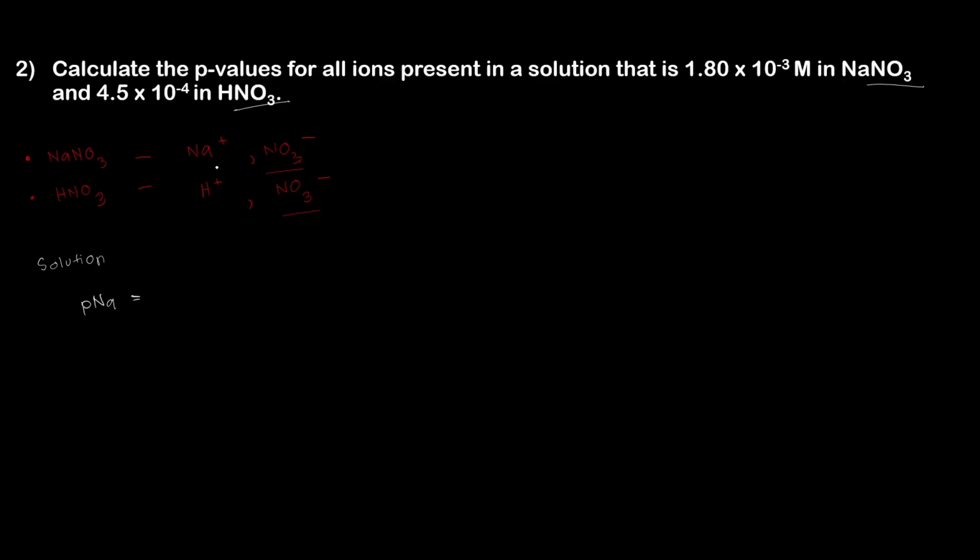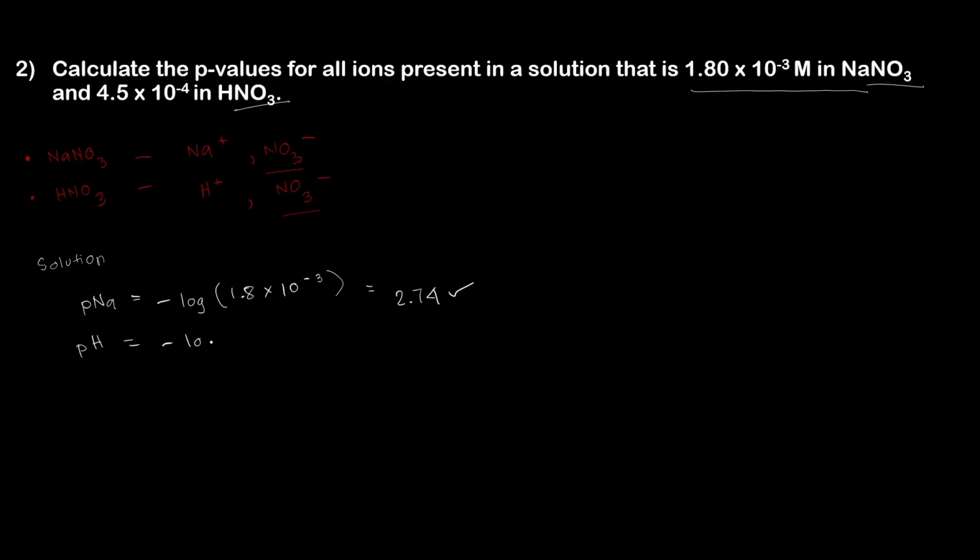So let's start with pNa. For pNa, we can find sodium from the sodium nitrate with the concentration 1.8 times 10 to the negative 3. So this is simply negative log 1.8 times 10 to the negative 3, which is 2.74. Okay, let's jump to pH.